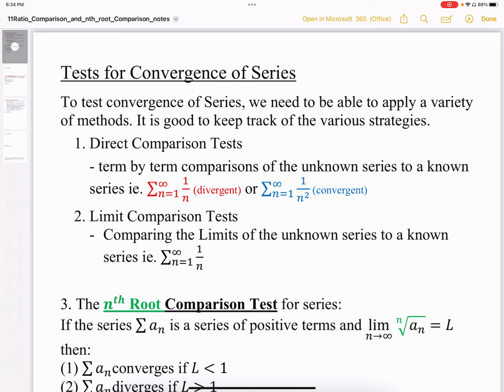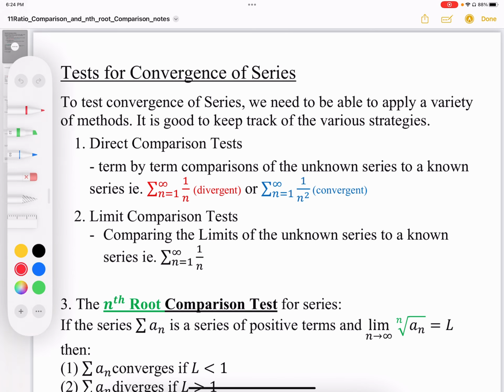Our limit comparison test is basically checking the ratio of the terms against a known term. Again, if we know it's diverging, we may want to choose a 1 over n function, and we're going to check this as a ratio of just the an terms. Basically, we check a known series versus a series that we suspect is going to behave the same way. So we have an and compare it to a different one, bn.